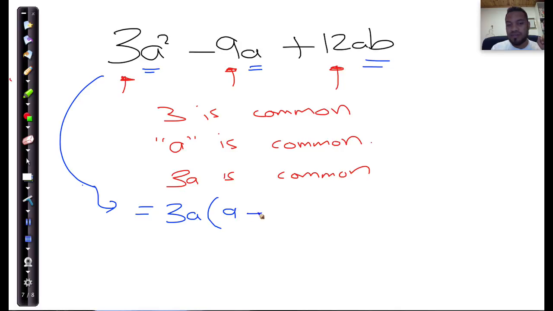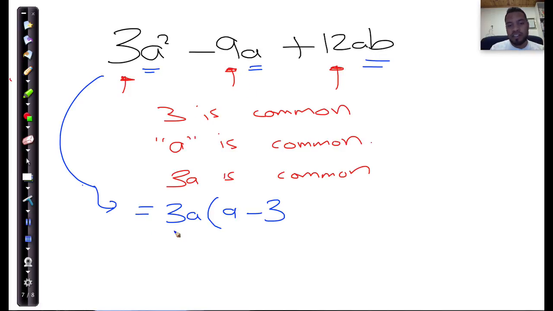That's going to be a negative. Very good. 3 times what number must be multiplied to give me 9? That is 3. I've already got an a, and I just want a. So 3 a's times 3, in other words 3 times 3 cows, will give me 9 cows. And therefore 3a times minus 3 will give me negative 9a.